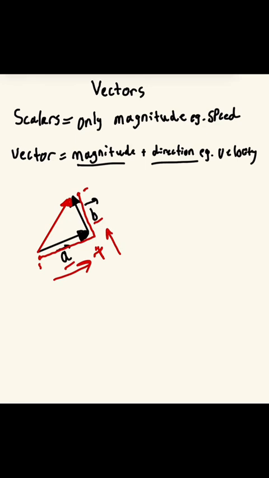That means this vector here is going to be equal to vector A plus vector B.